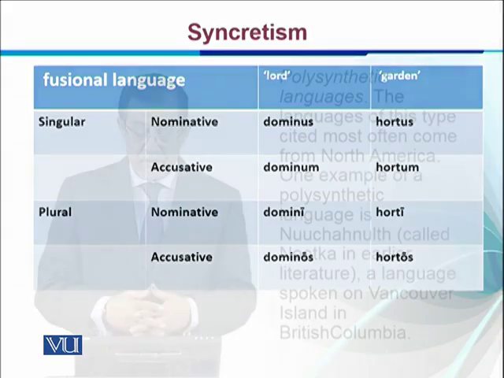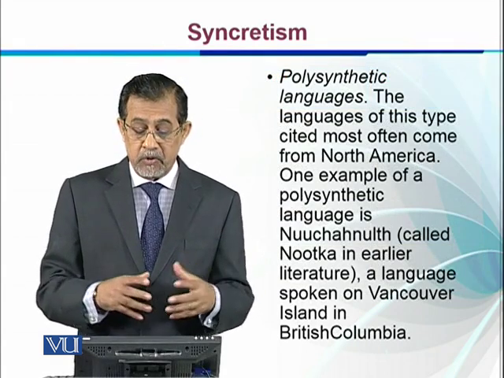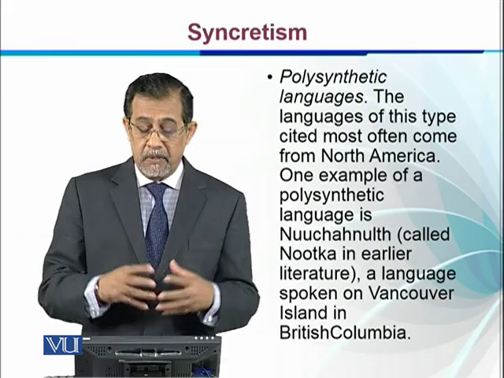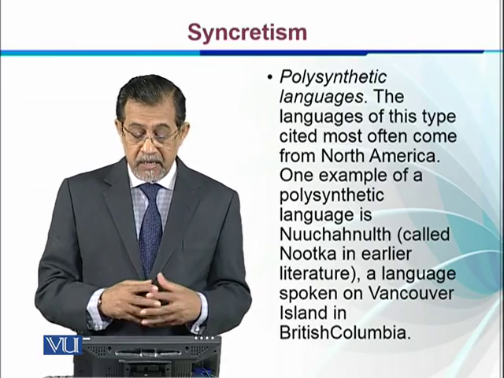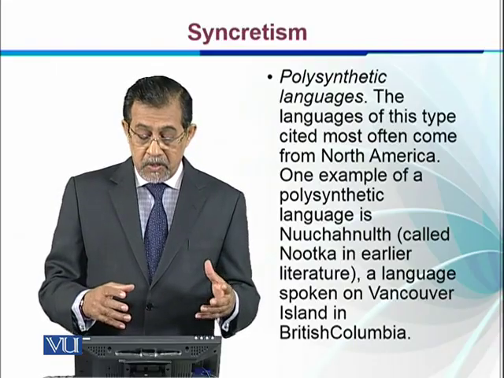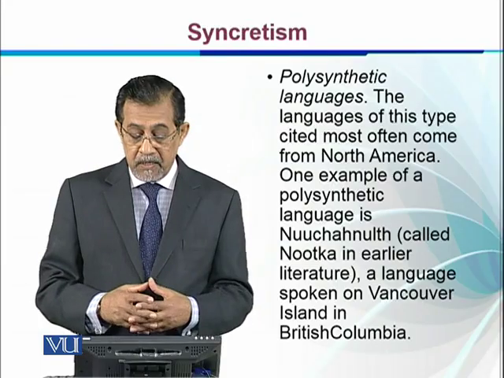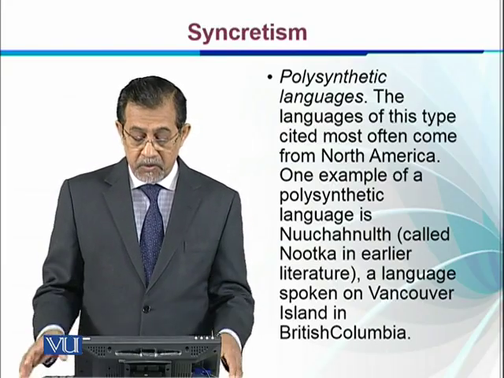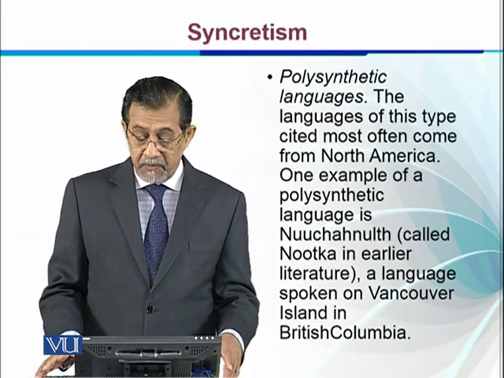So another type of language is polysynthetic languages. The languages of this type cited most often come from North America. One example of polysynthetic languages is Nuuchahnulth, called Nootka in earlier literature, a language spoken on Vancouver Island in British Columbia.